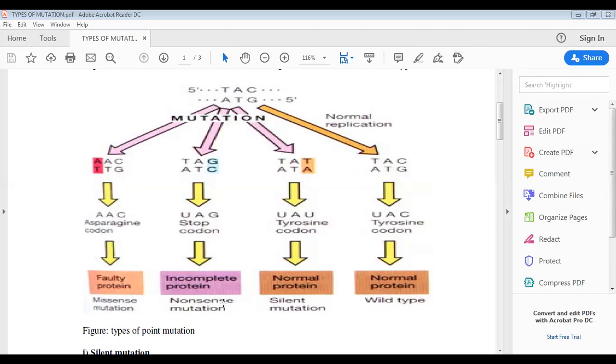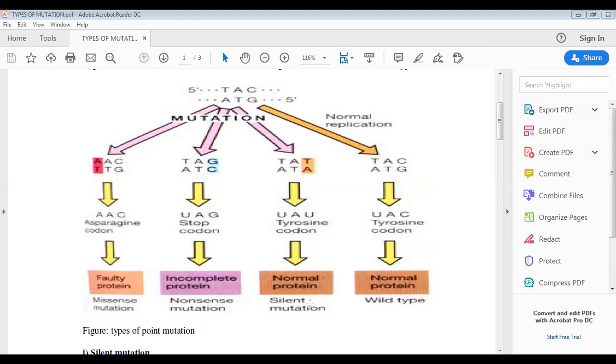Whenever somebody is speaking something rubbish, we say that he or she is speaking nonsense. But in such a mutation, what is occurring? Incomplete formation of protein. I know we have not discussed the process of replication in detail, but if a stop codon, UAG, is generated in the middle, then the process will stop, and that will lead to nonsense mutation.